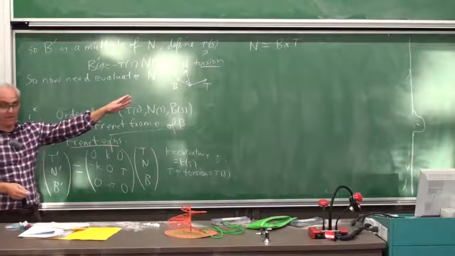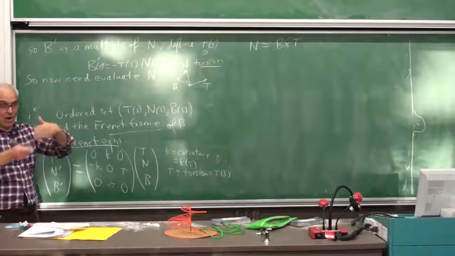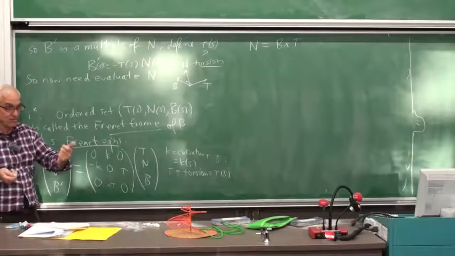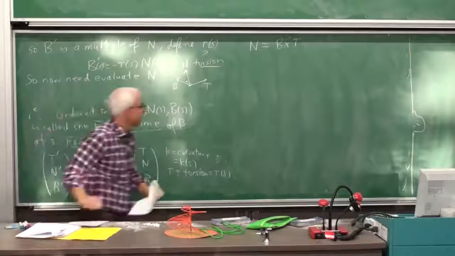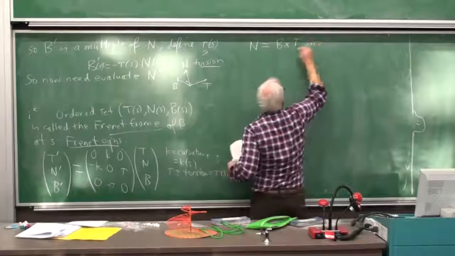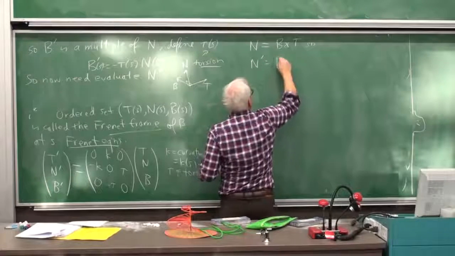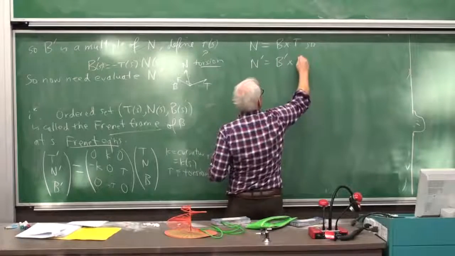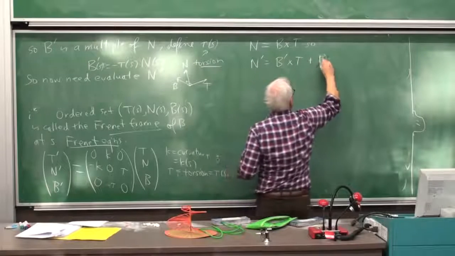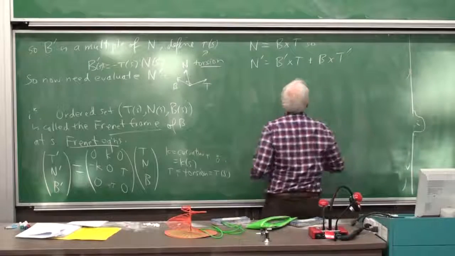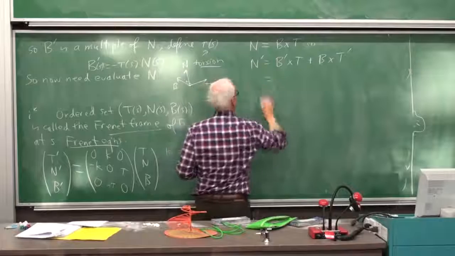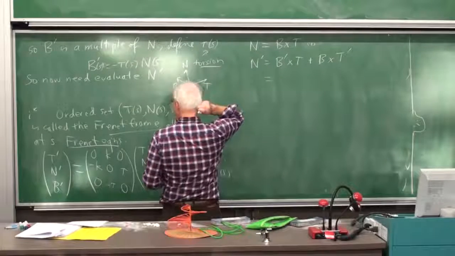We can differentiate that using the fact that we know how to differentiate a cross product. So N prime is going to be the derivative of B times T plus B times the derivative of T. All right, well, we know what B prime is.